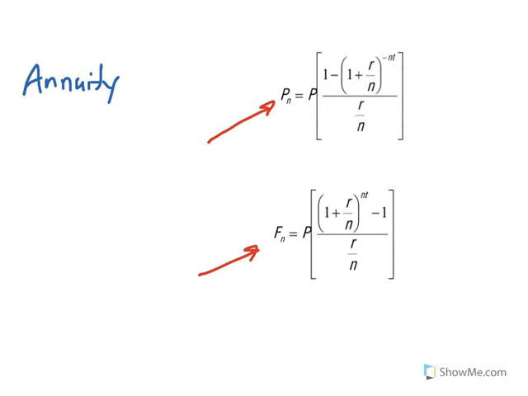P is the dollars per payment. N is the number of payments per year.